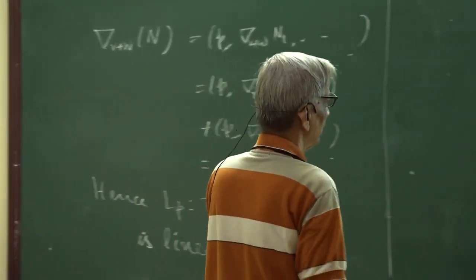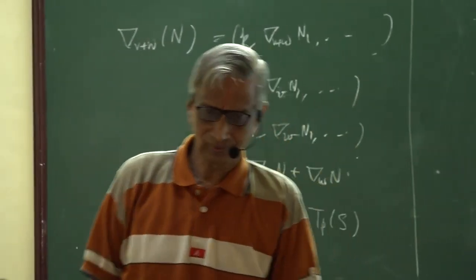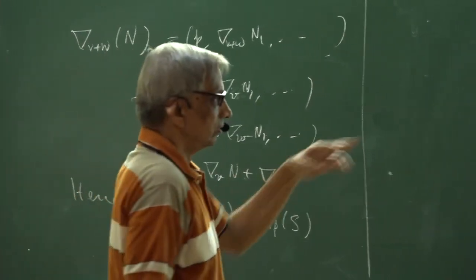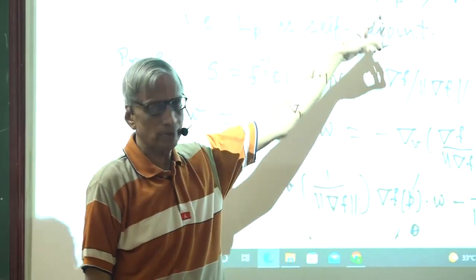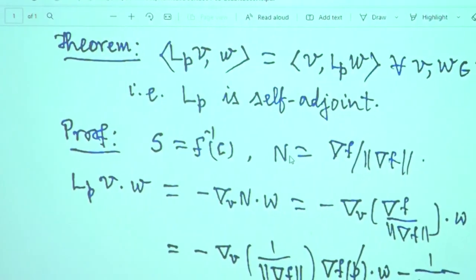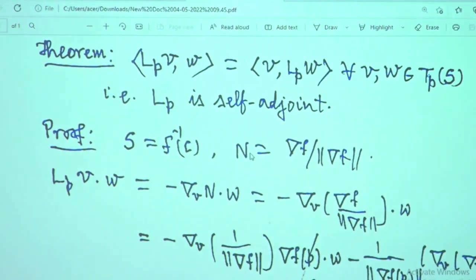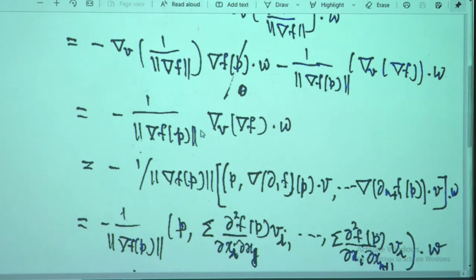This linear map is self-adjoint or symmetric, if you want, because we are only in the real case. It just means that the inner product of LP v, w is the same as the inner product v, LP w. This is just a straightforward computation. Okay. Just move this up a little. Apply this del V.